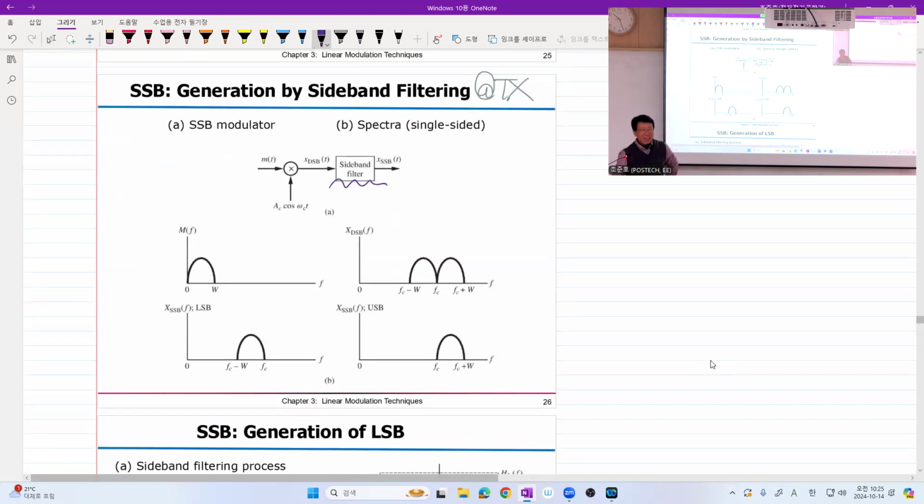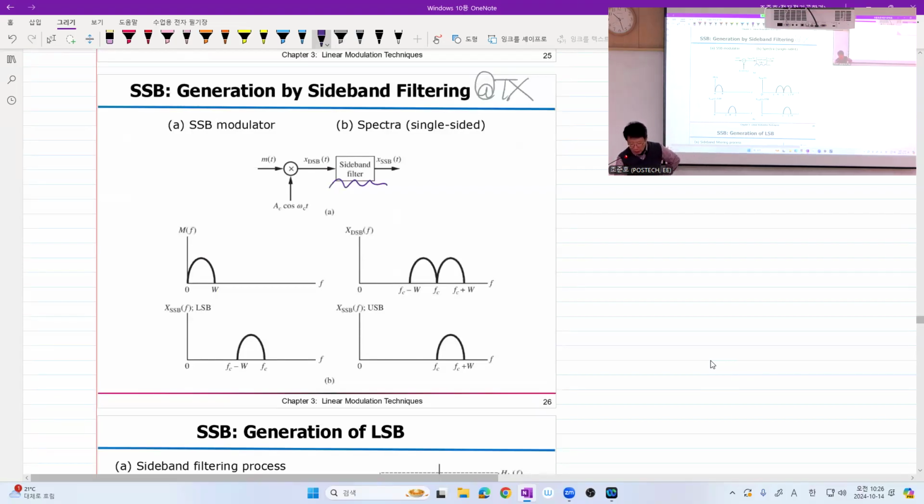So the electrical engineers on the right side may say, hey, build a filter that filters out the upper side or lower side. Then we are done. They may simply say that. And the question is, is it really simple to build such a filter?